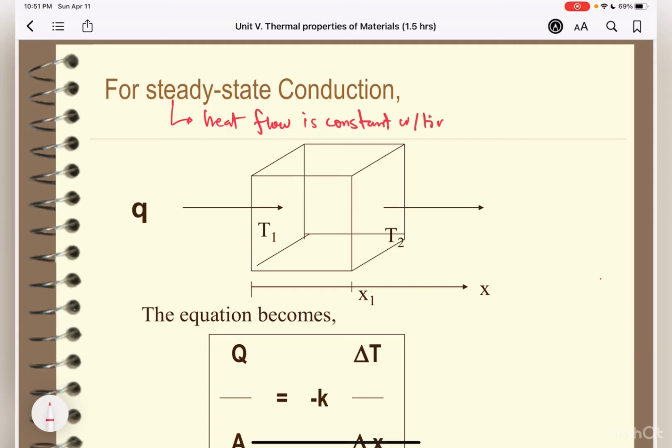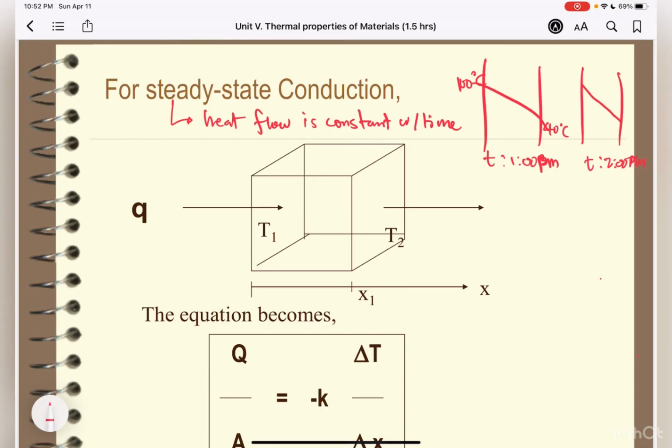Assuming, say for example, at time 1 p.m. the change in temperature is from 100 degrees to 40 degrees centigrade. After 1 hour, so time 2 p.m., the change in temperature, or delta T, would still be 60 degrees. So that's a steady state heat conduction.